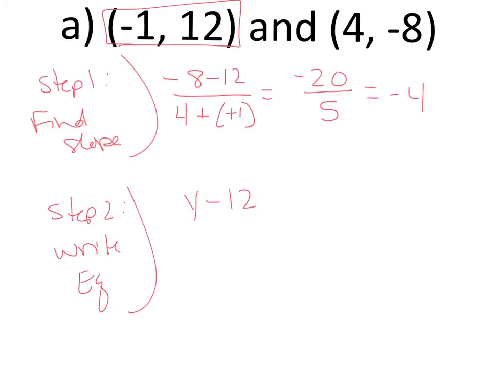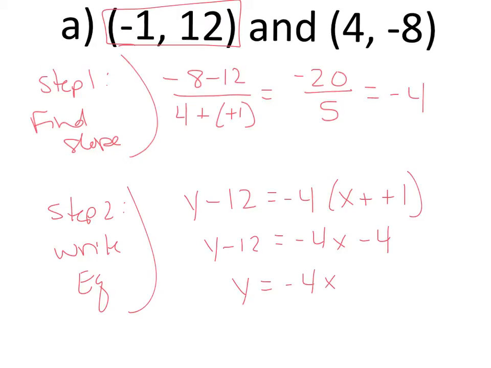So y minus 12 equals negative 4 times x minus negative 1. It becomes a plus. So y minus 12 equals negative 4x minus 4, and then add the 12 over. So y equals negative 4x plus 8. And that's going to be your final answer.